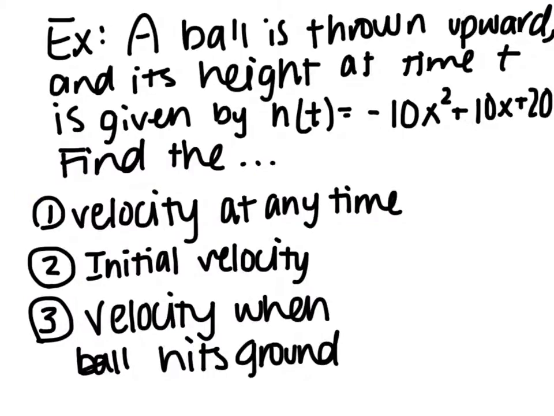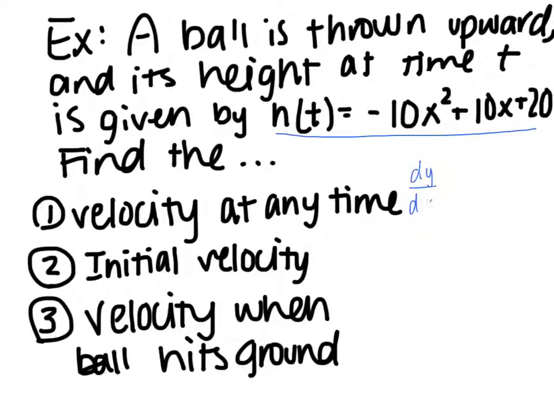So say we have this example. A ball is thrown upward and its height at time t is given by h of t equals negative 10x squared plus 10x plus 20. Find the velocity at any time, initial velocity, and velocity when the ball hits the ground. So basically we're going to find the first derivative of this function to give us the velocity, because the first derivative is going to give us the change in y over change in x, or the slope of this function.